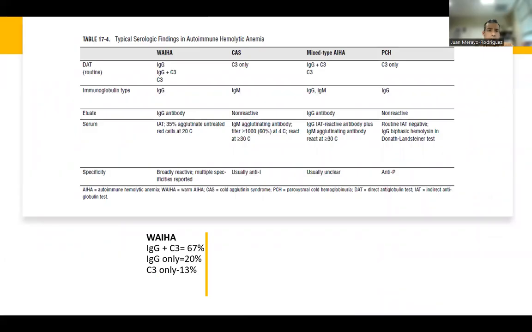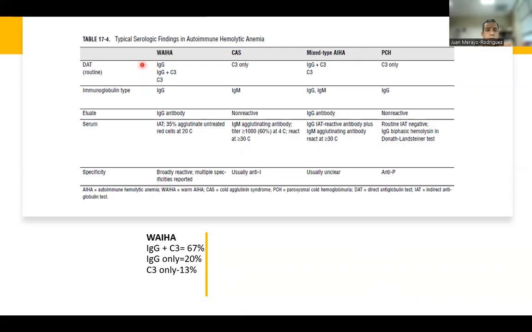When we look at the serologic findings of autoimmune hemolytic anemias, we can compare the different types with the laboratory results, including DAT, immunoglobulin type, eluate, serum, and the specificity. As we mentioned before, the warm hemolytic anemias are the most common ones. And when you look at the DAT, you may have IgG, or IgG plus complement, or complement alone.